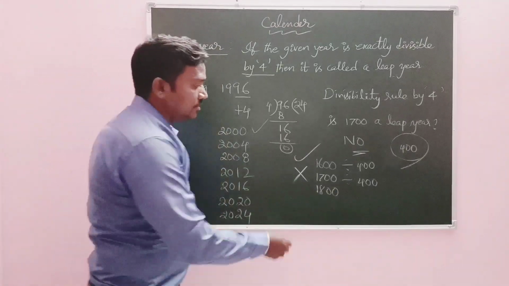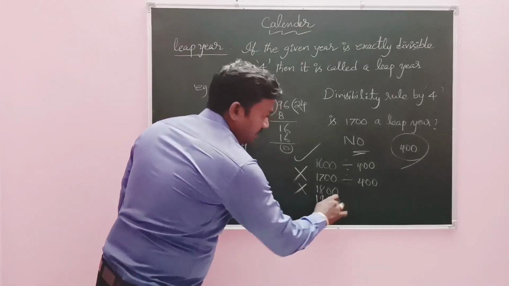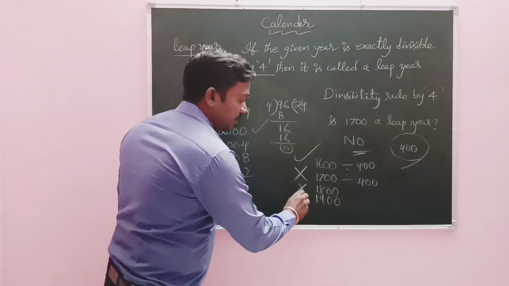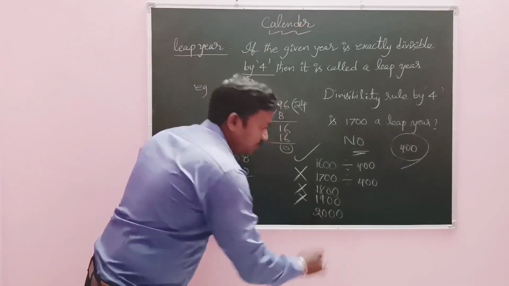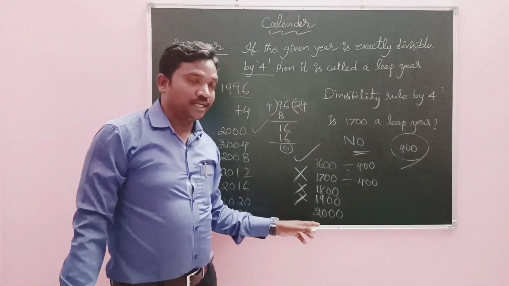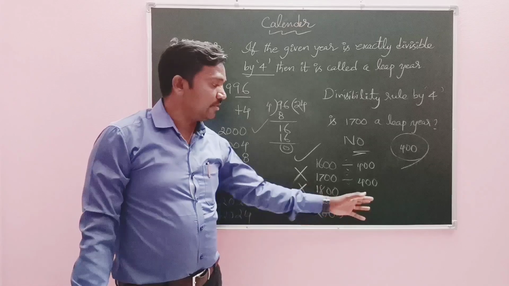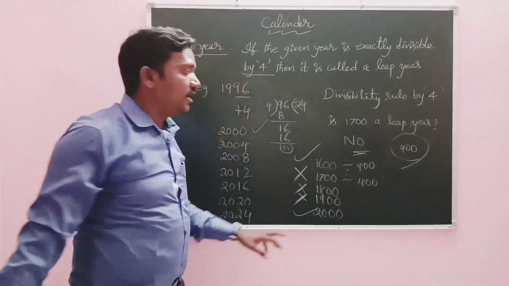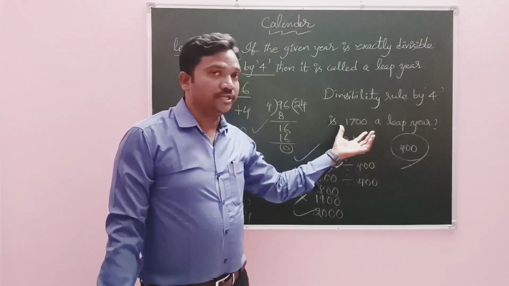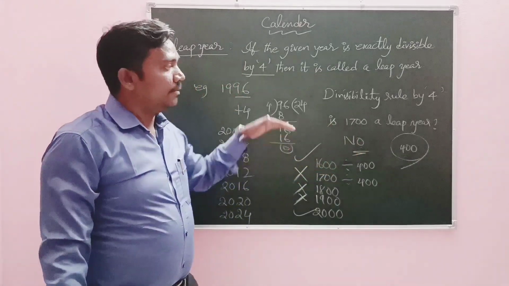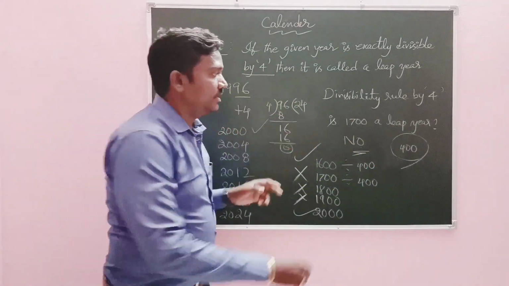No. So it is also not a leap year. 1900 is also not a leap year. Now 2000. Is 2000 exactly divisible by 400 or not? Yes, it is exactly divisible by 400. So 2000 is a leap year. So we have to remember that if the given year is a century year, we have to check it by 400, not by 4. So this must be remembered.